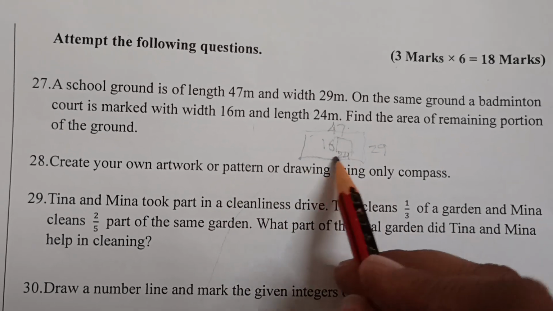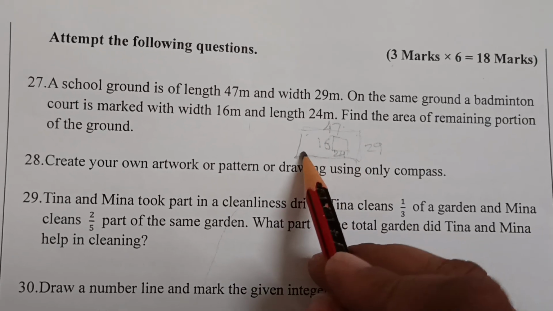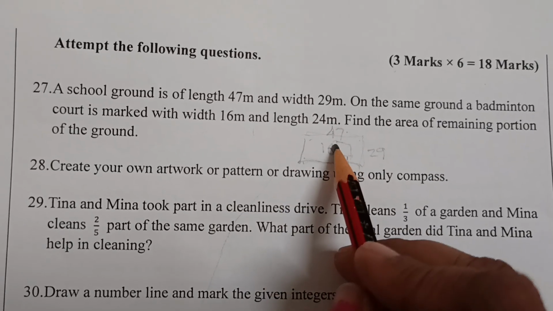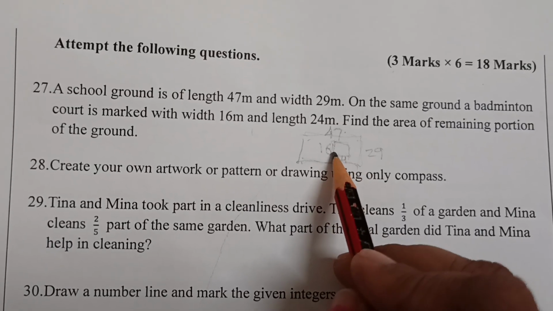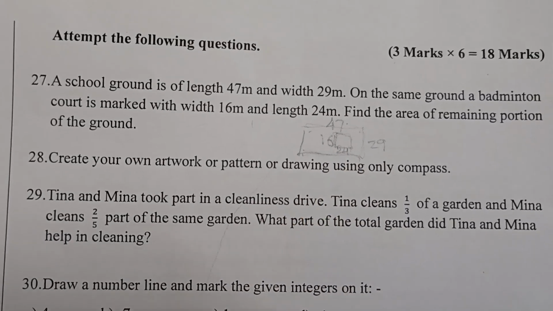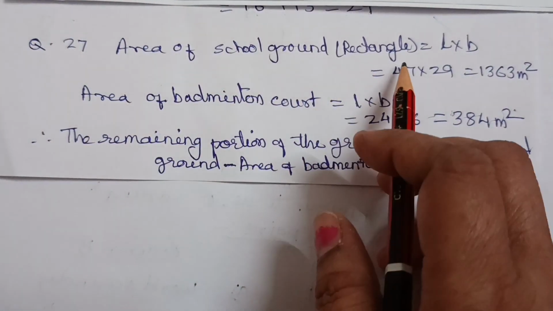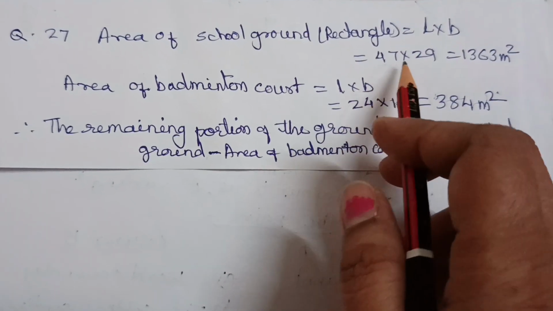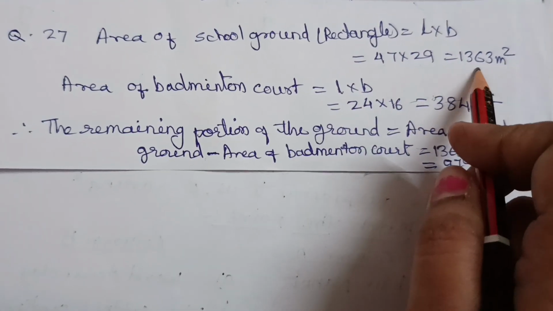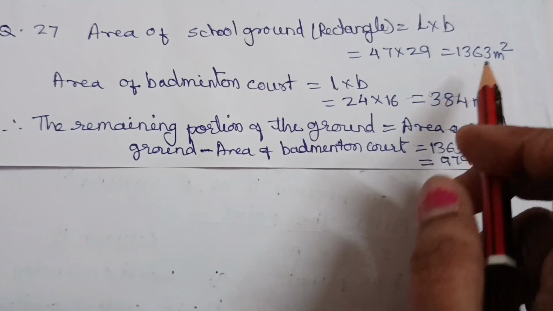So to find the area of the remaining portion, first we have to find out the area of the total school ground and then we'll subtract the area of the badminton court from it. Area of the school ground, that means area of rectangle, is equal to length into breadth. Length is 47, breadth is 29. So the area of the school ground is 1363 meters square.